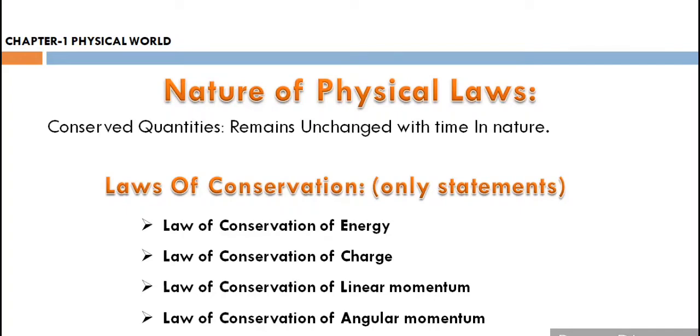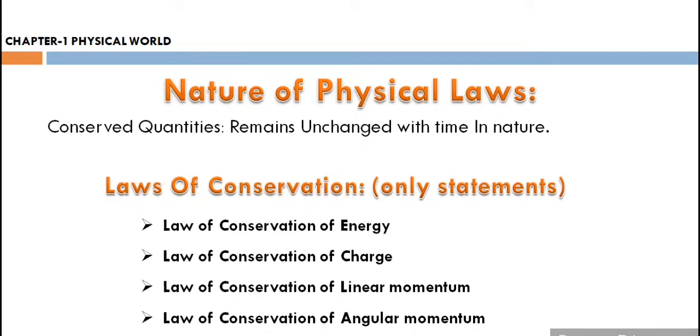Next is the law of conservation of linear momentum. If the resultant external force on a system is zero, the total linear momentum of the system remains constant. So without any external force, the linear momentum is conserved. The law of conservation of angular momentum is similar to the law of conservation of linear momentum.